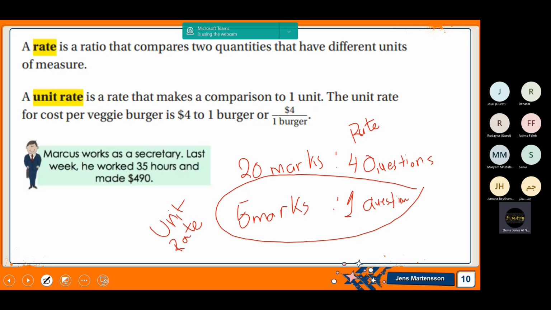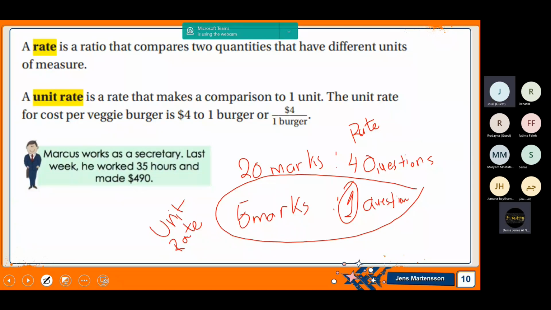Unit rate, I need to compare with per one unit. Teacher, less units, less number? No, not less number. Per one. It must be per one. Above, it is 20 per a number, but not one. Per 2, per 3, per 4. If it's a number per 2, per 3, per 4, per 5, per anything, it must be a rate.